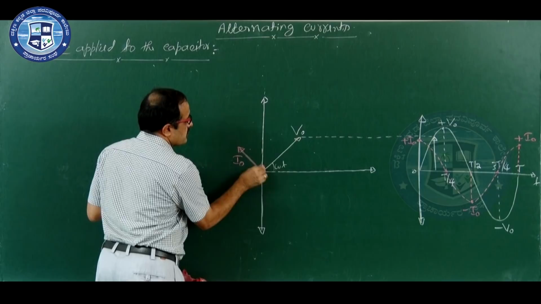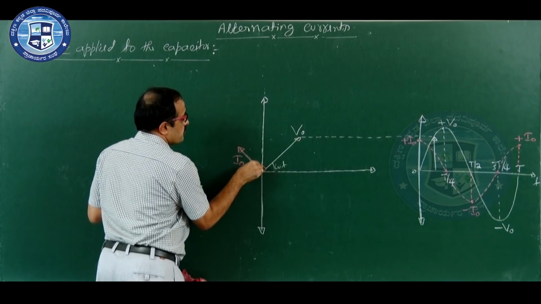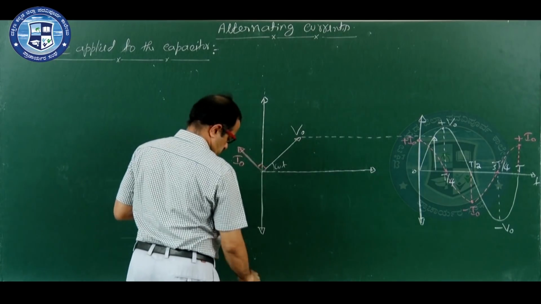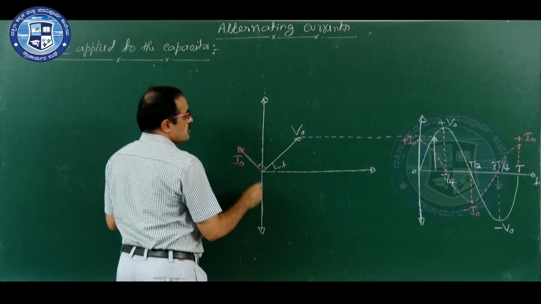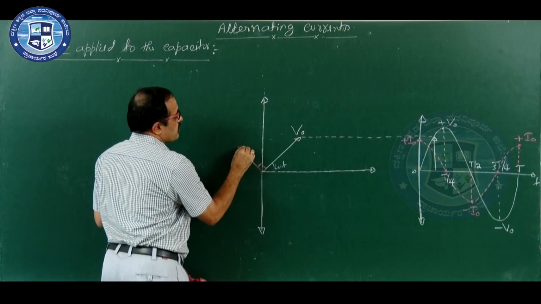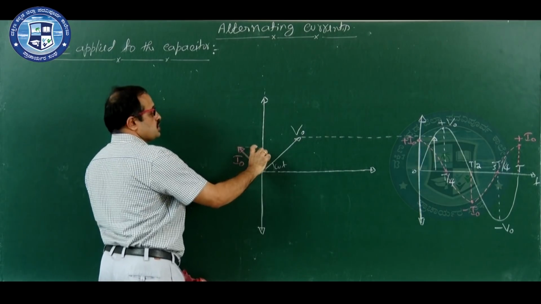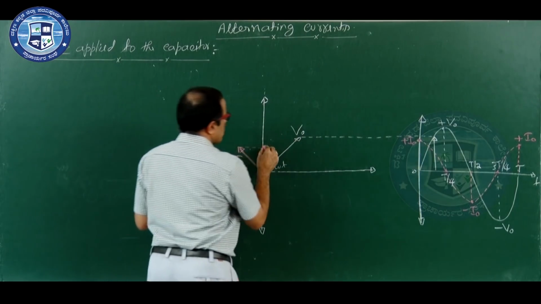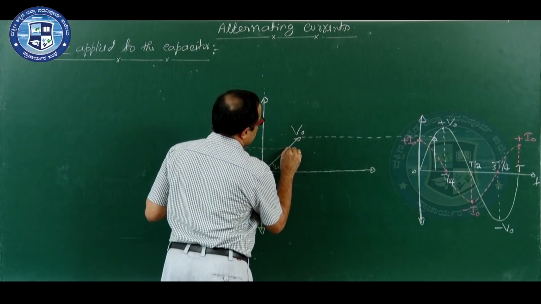This must be 90 degree. Now, if you take this, again its y component represents instantaneous value. This is y component of the current, and take that one to the graph.